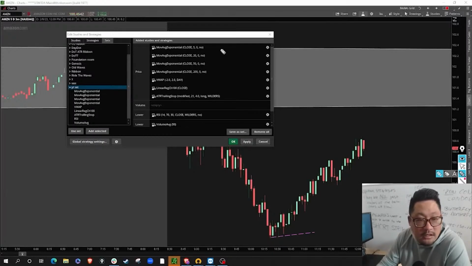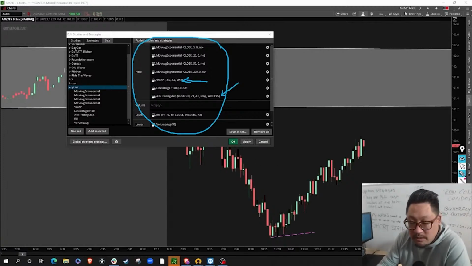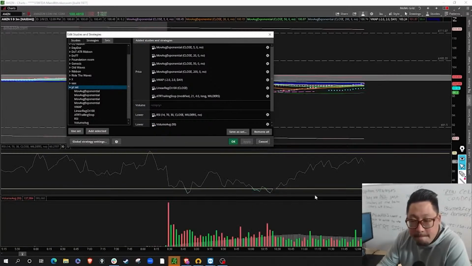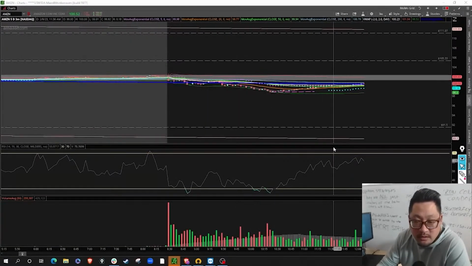Now, if you take a look, all of my indicators not only populate, but they populate with the saved settings. All the settings that I had saved, the colors that I have chosen, are all going to be there. As soon as I hit apply, boom, here we go. Now I hit OK.